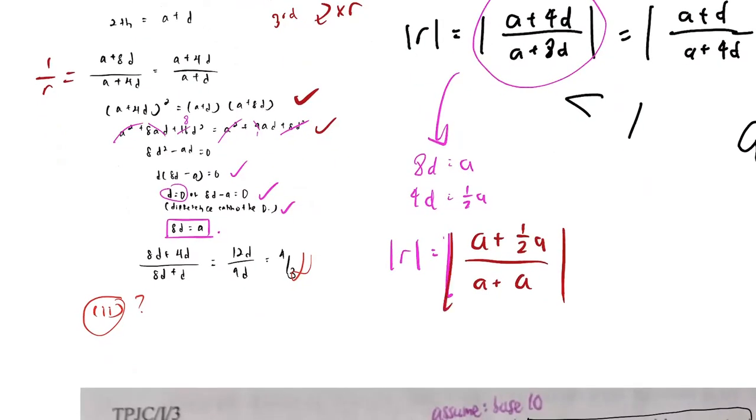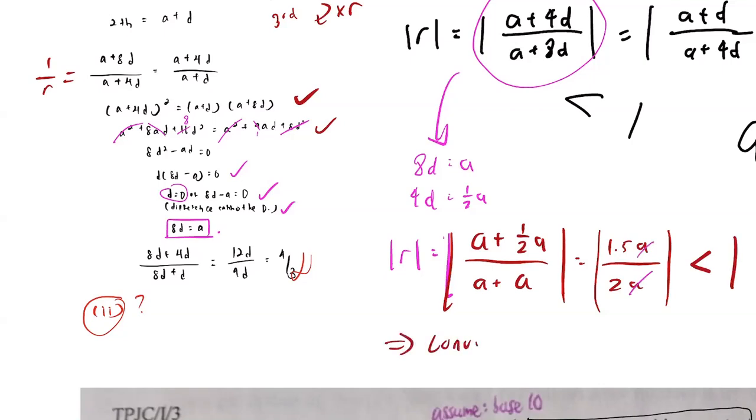We can simplify this expression, so we get 1.5a on top and 2a at the bottom. What happens to your a? They cancel out, so 1.5 over 2. Modulus, this is of course less than 1. Therefore, convergent.